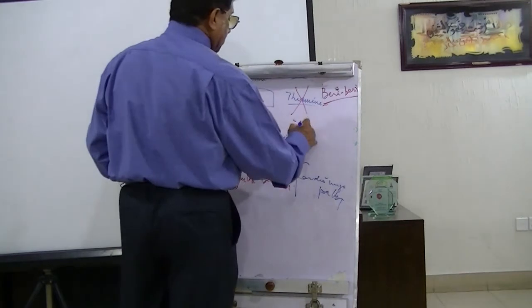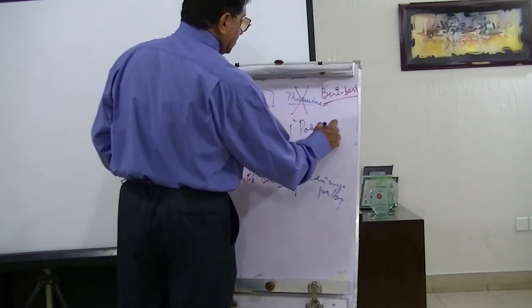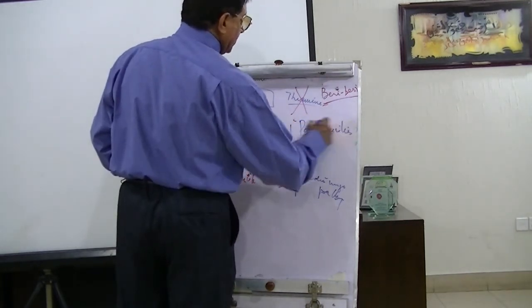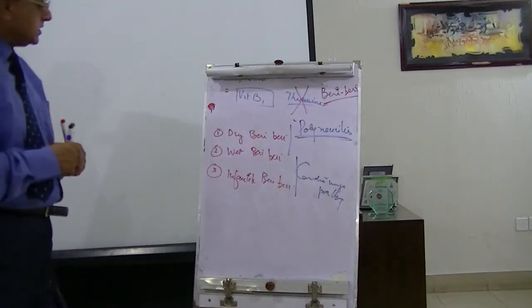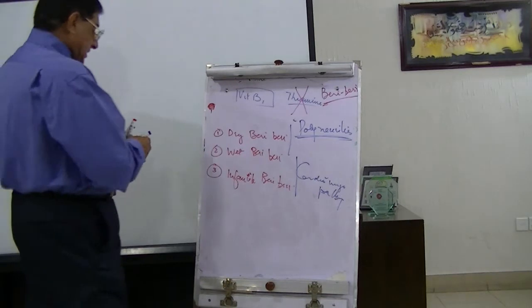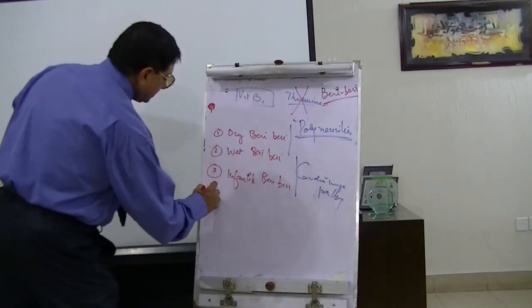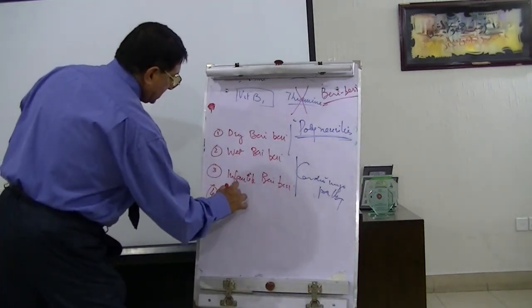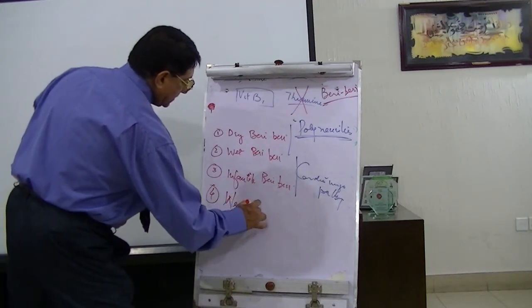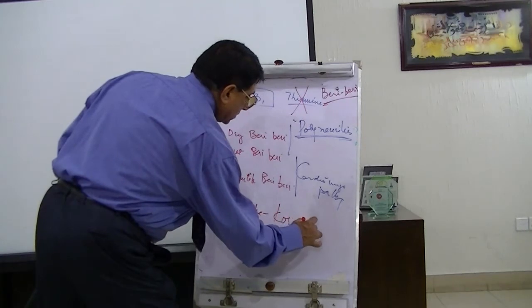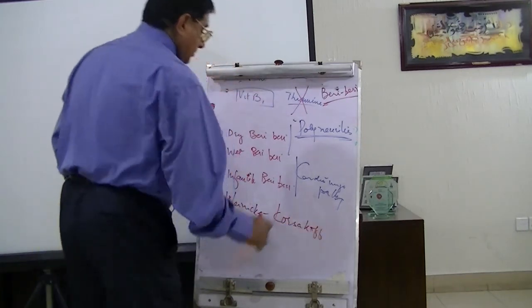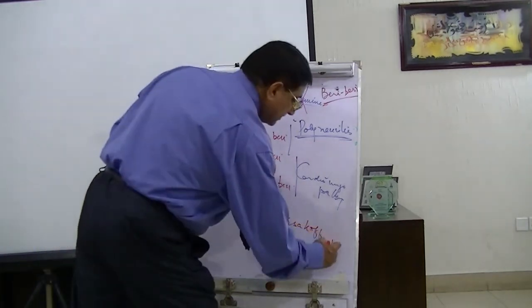And dry beriberi is a form of polyneuritis. The nerves are involved. In addition to that, you've got Wernicke, Korsakoff, psychosis.